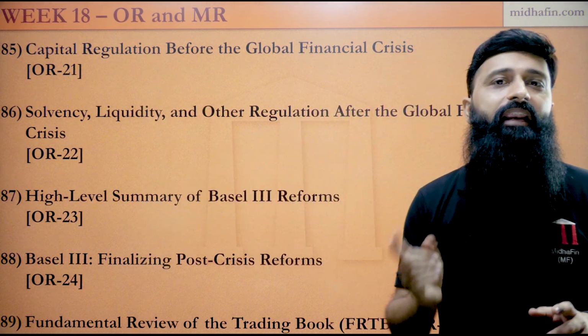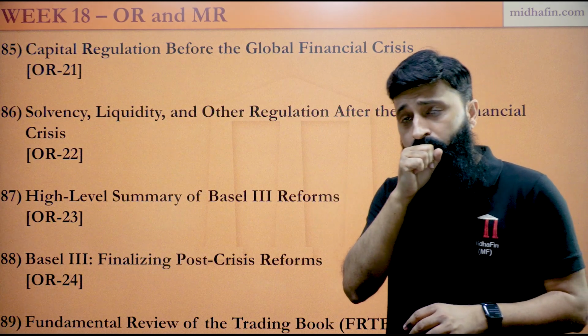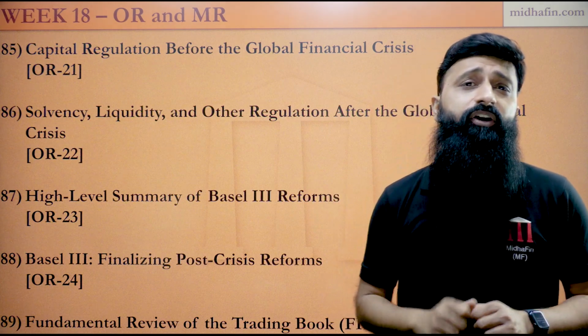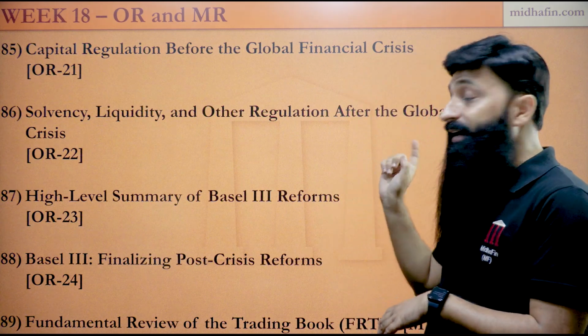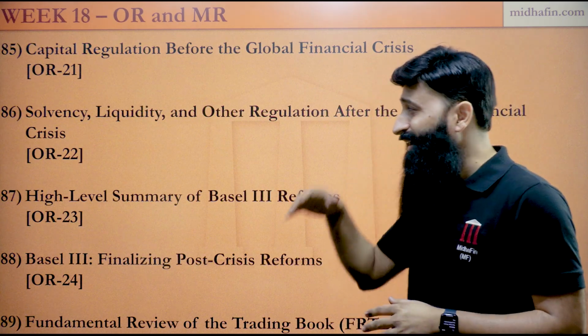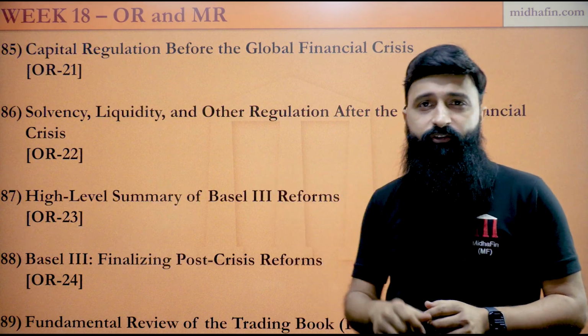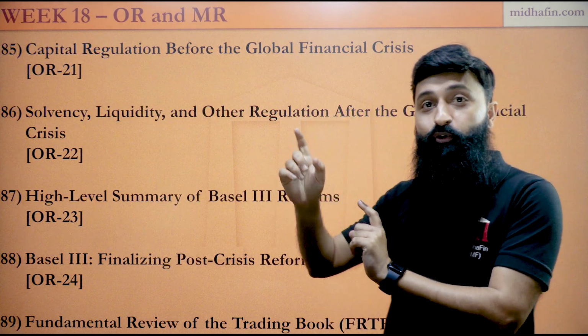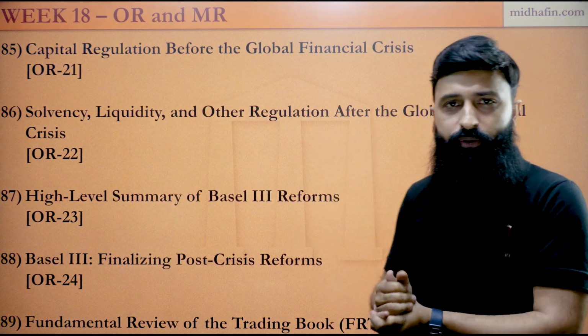So it describes and calculates stressed VAR, which was introduced in Basel 2.5, and it explains the incremental risk capital charge, a very important concept. Then tier 1 capital, tier 2 capital, and COCOs also will be introduced, of which a detailed study is also there in current issues this time. So these things will be introduced in OR 22.